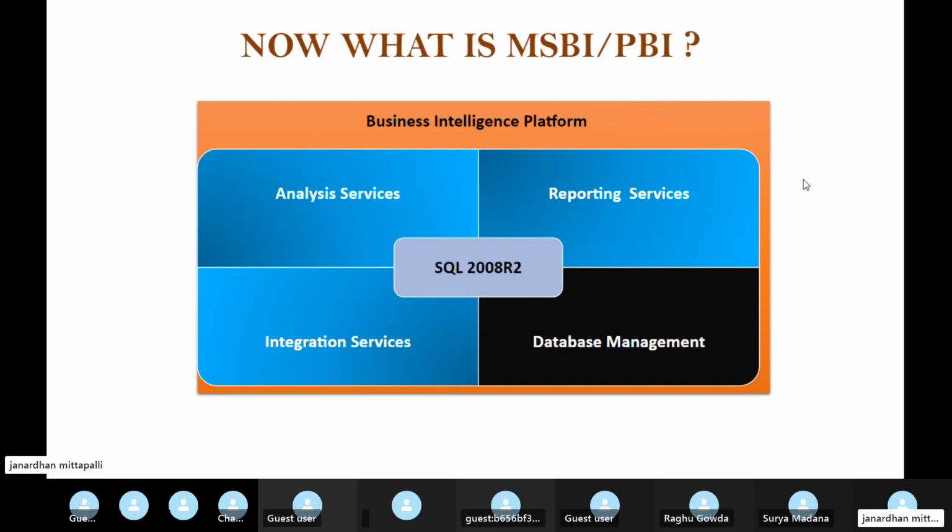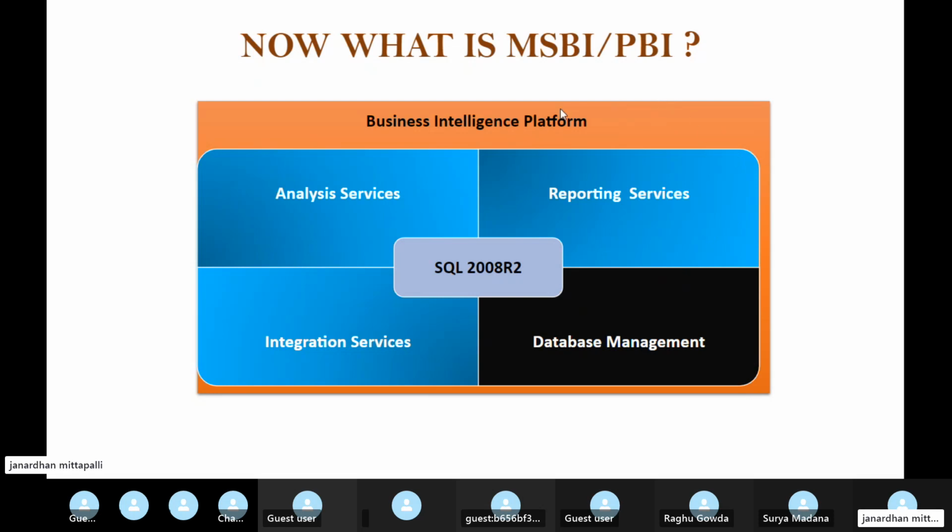You can connect a number of sources, do some data transformations, and then create a data model. Data model means creating relations between different tables. This comes under analysis services, and visualizing data comes under reporting services.